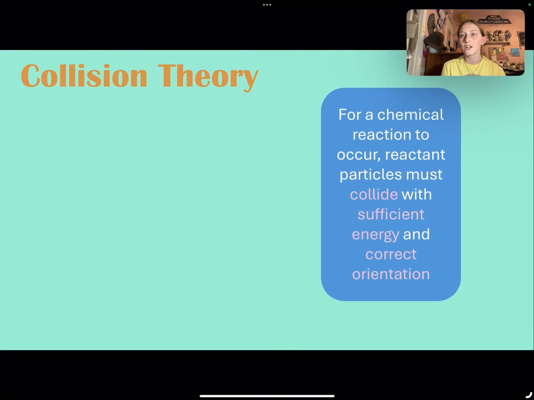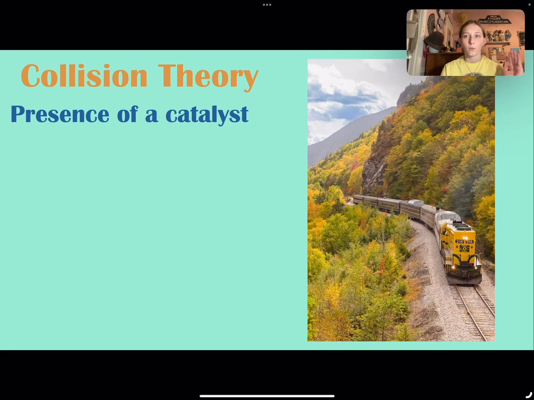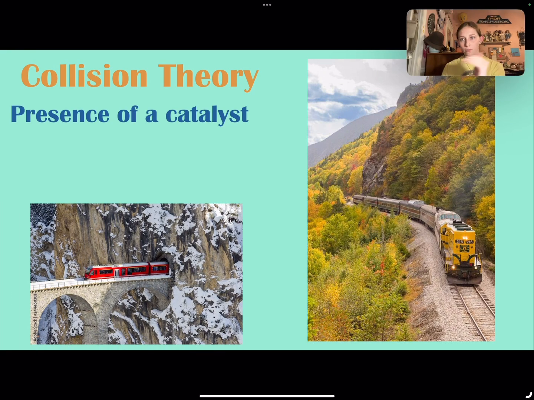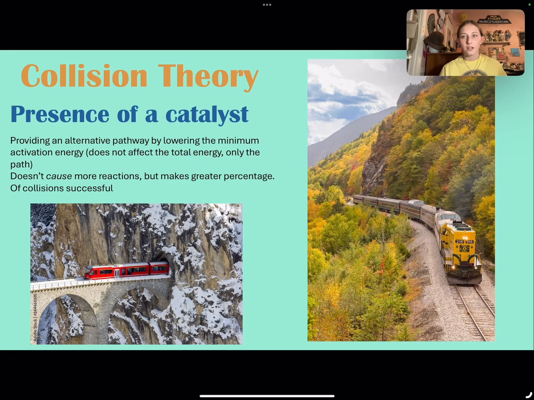Another factor in collision theory that affects the minimum activation energy needed for a reaction to occur is the presence of a catalyst. I think of this as a train going around a mountain versus a train going through a mountain. So a catalyst provides an alternative pathway that lowers the minimum activation energy needed for a reaction to occur. So rather than the activation energy being high way up here, a catalyst lowers it so that the reaction can occur at a lower activation energy rather than a high one.